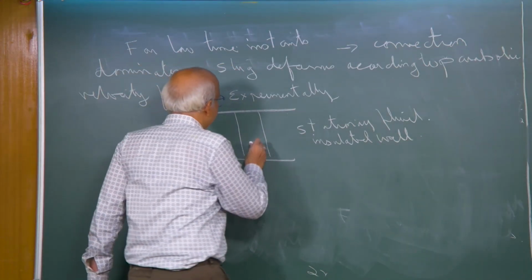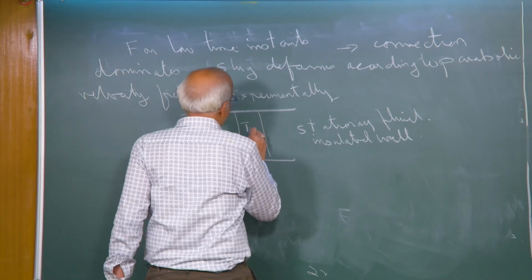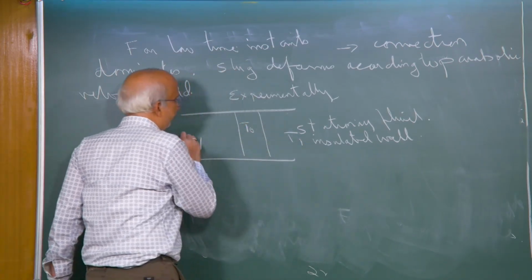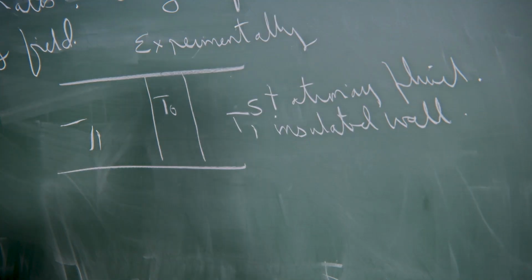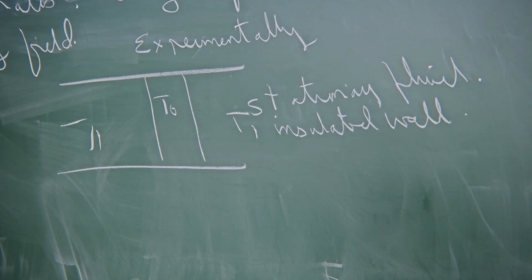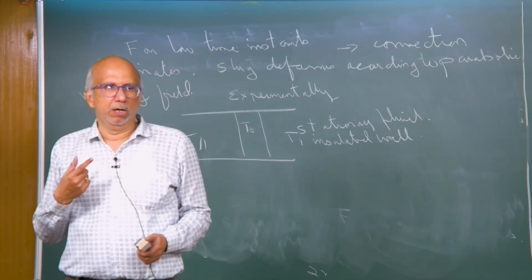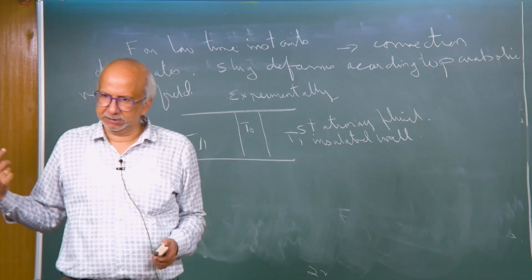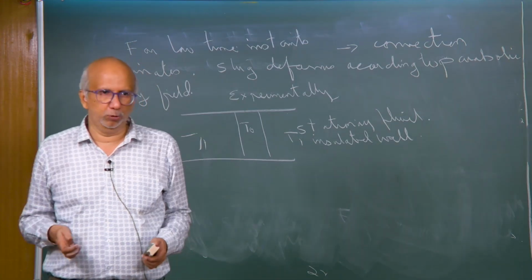So, this temperature becomes T0 and this temperature becomes T1. Initially everywhere it is T1, but I am heating the liquid for some distance. So, I got my slug. Now, I am going to start my pump and start pumping the liquid. This is one way to do the experiment.